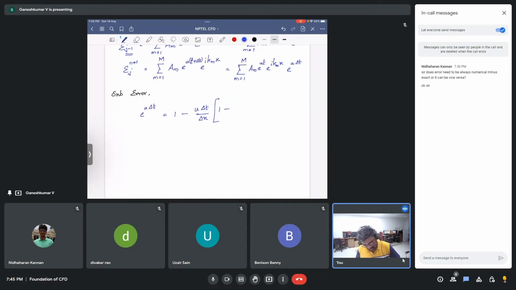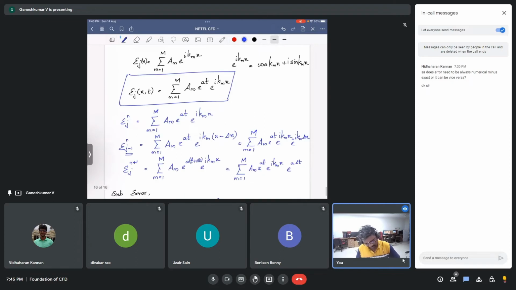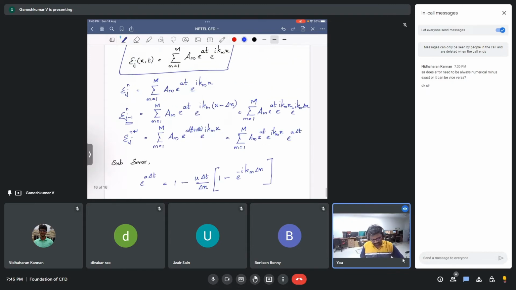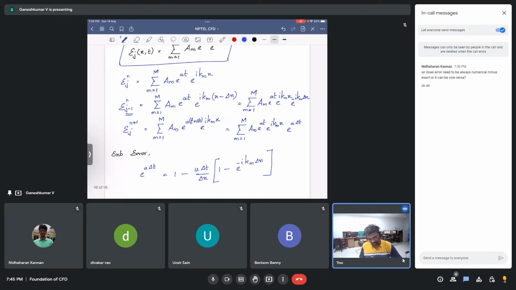I am just cancelling all the common terms and writing a final equation like this. If you substitute epsilon j n plus 1, you are going to have this big term, and e power a delta t will be there. Similarly, at epsilon j you will have this term.